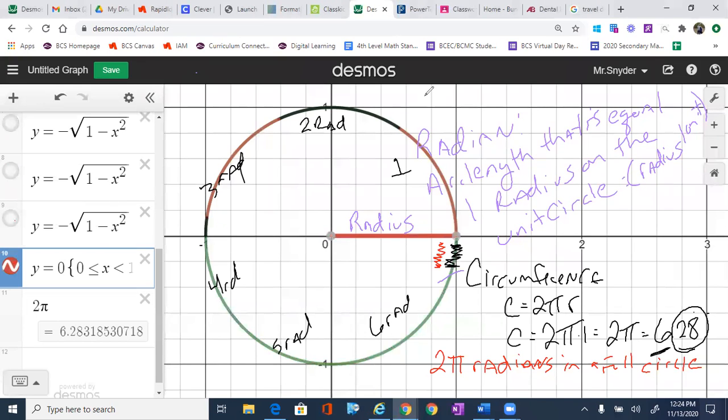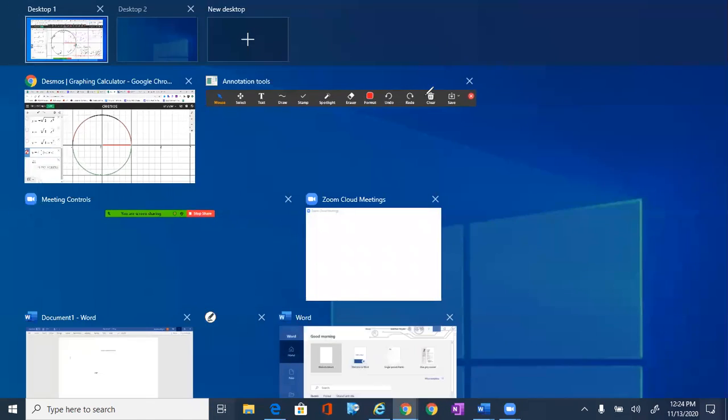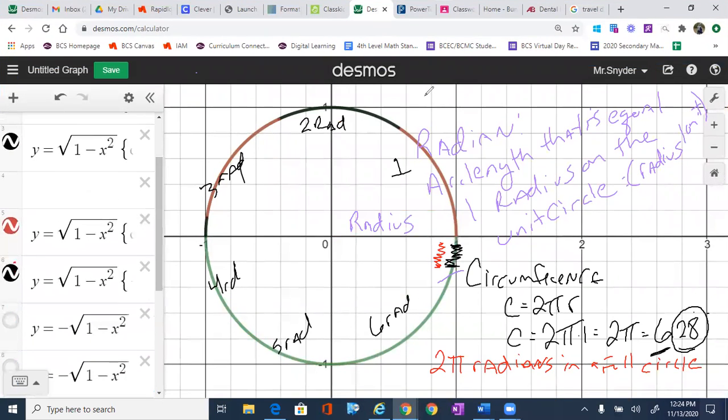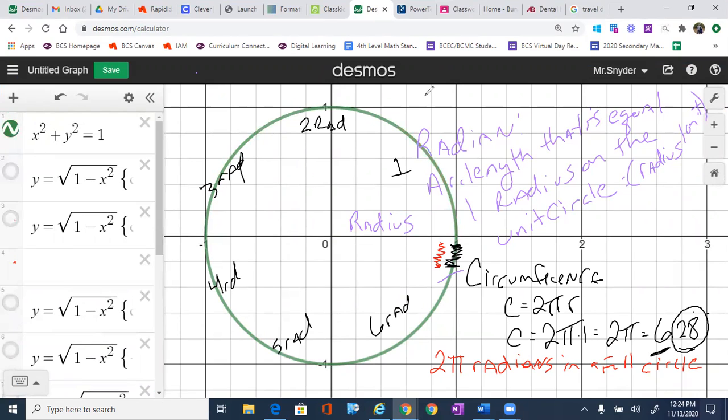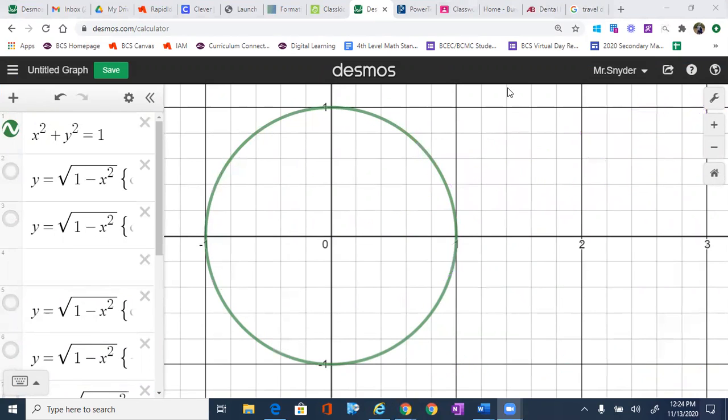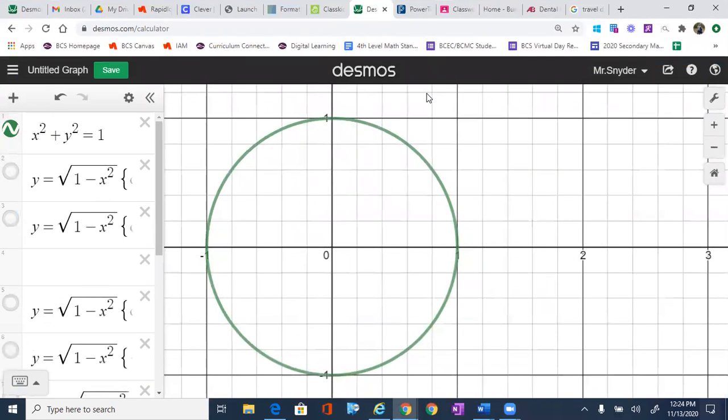So with that being said, how can we figure out other radians along this circle? Let's go ahead and clear a little bit of this out. What we just determined was that if we start at 0, there are 360 degrees, and if we go all the way around the circle, there are 2 pi radians. Well, what if we only went half of the circle, or to 180 degrees?